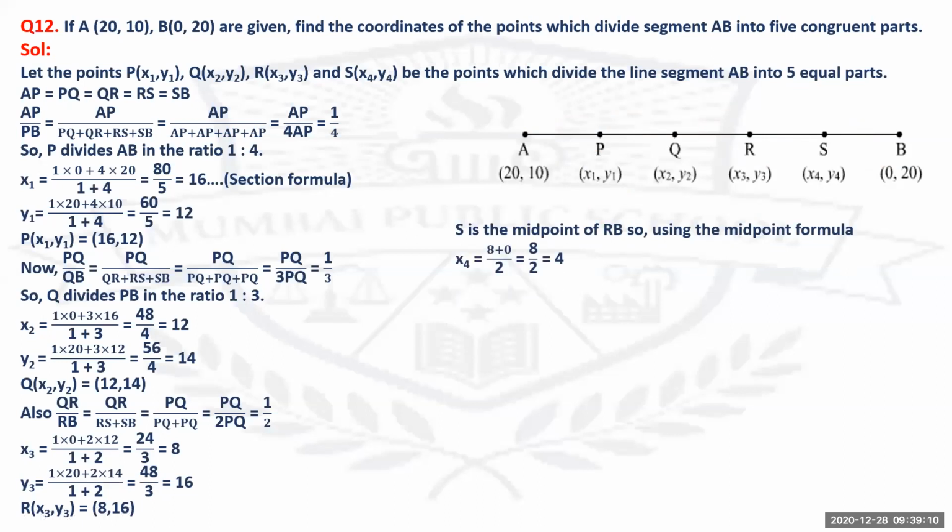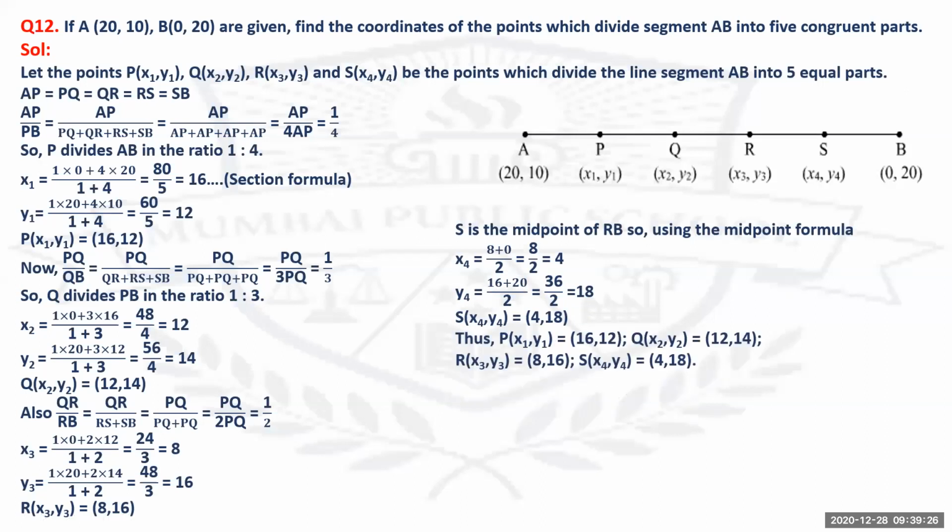So x4 equals 8 plus 0 upon 2, that is 8 upon 2, that is equal to 4. y4 is 16 plus 20 upon 2, that is 36 upon 2, that is equal to 18. So S x4 y4 is 4 comma 18. Thus P x1 y1 is 16 comma 12, Q x2 y2 is 12 comma 14, R x3 y3 is 8 comma 16, and S x4 y4 is 4 comma 18.